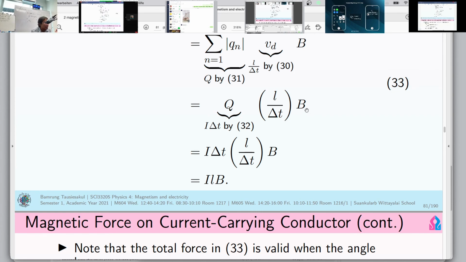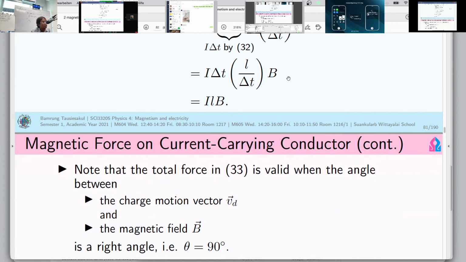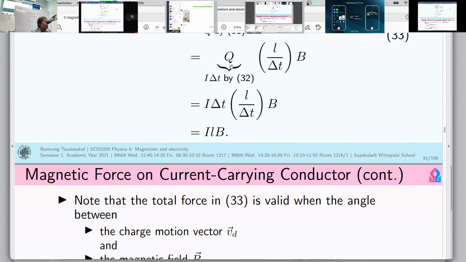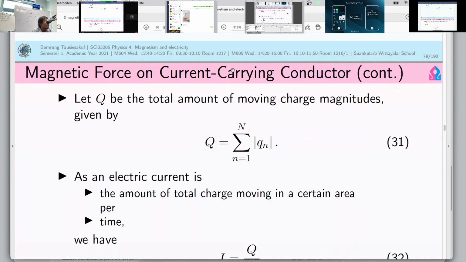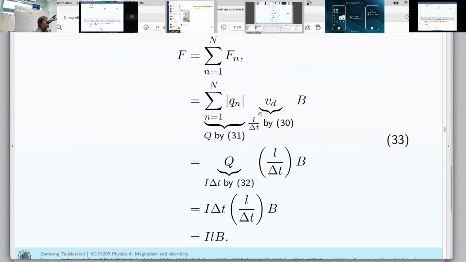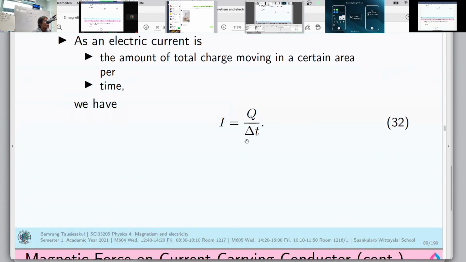Now we arrive at the next equality, almost the final line. You have Q, now you change Q. Of course, we know that I is Q divided by delta T, from equation 32.